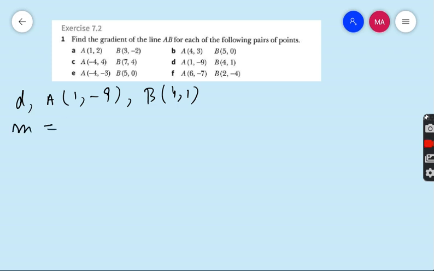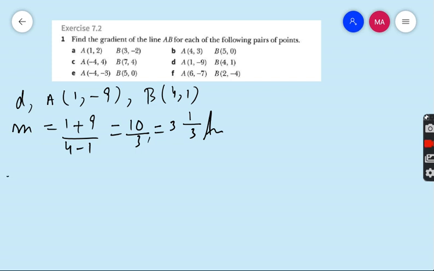So the gradient is 1 plus 9 upon 4 minus 1. 9 plus 1 is 10 and 4 minus 1 is 3. 10 upon 3 can be written as 3 whole 1 upon 3. This is the answer of part D.